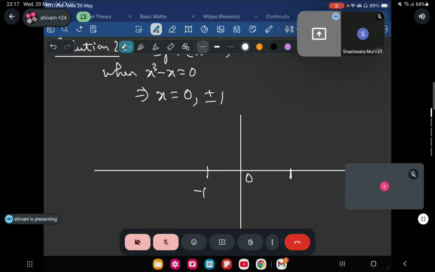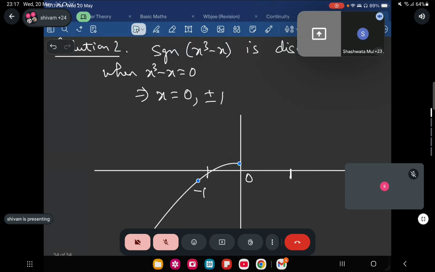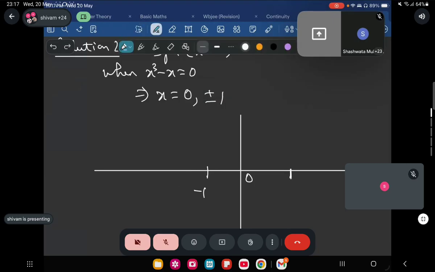So how will it look like? It will look somewhat like this. Sir, I have drawn the graph. Can I send it? Okay, sir. It will look somewhat like this.